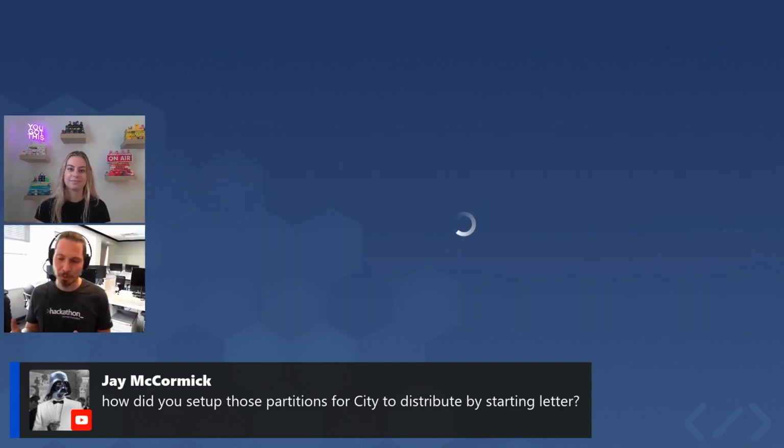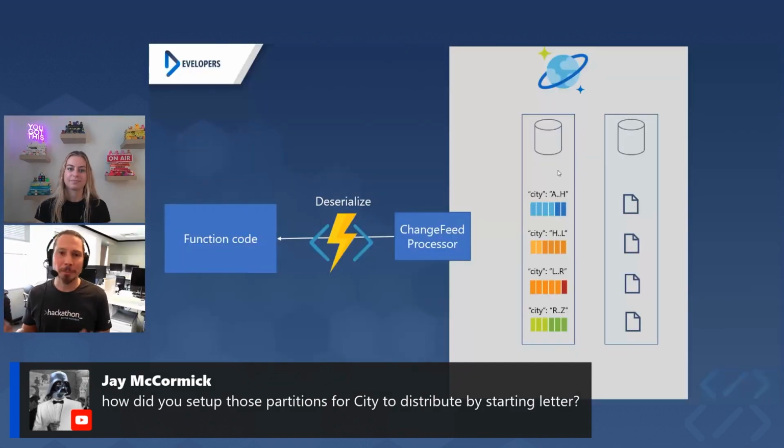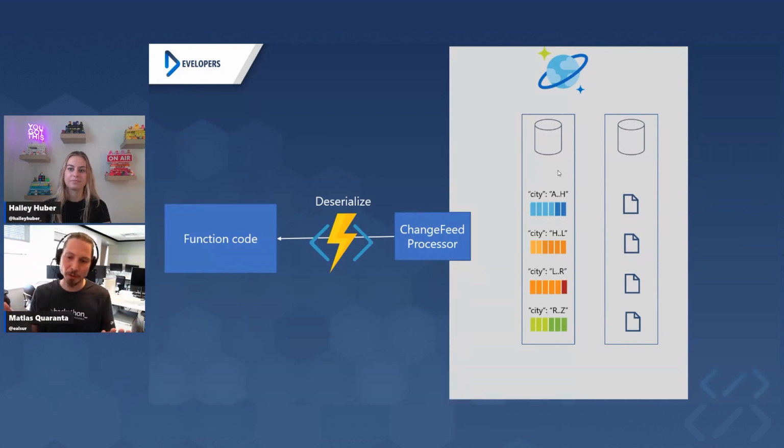Sure. So partitioning in Cosmos DB is automatic. What you do is you create the container and define your partition key. This is just an example trying to explain how a potential distribution could be. But what happens under the covers is when you store a document, the service grabs that partition key value, in this case the city, and applies a hash algorithm.